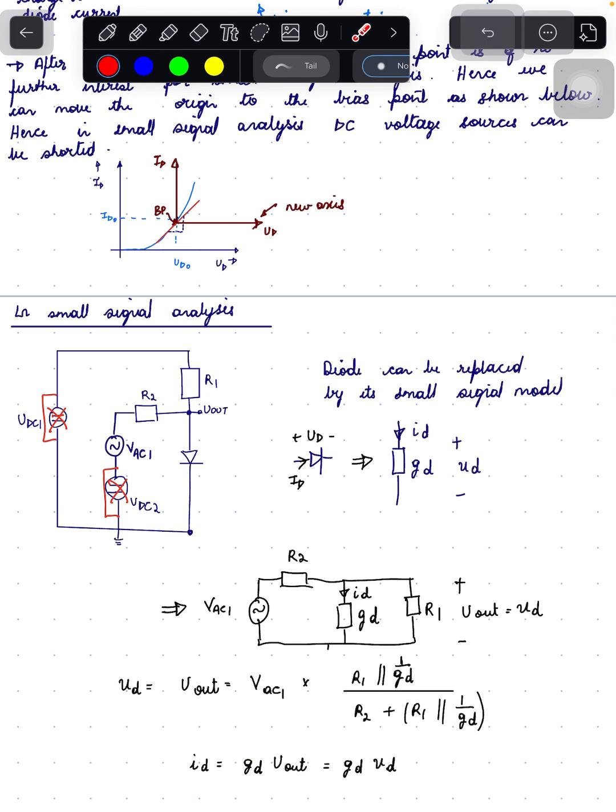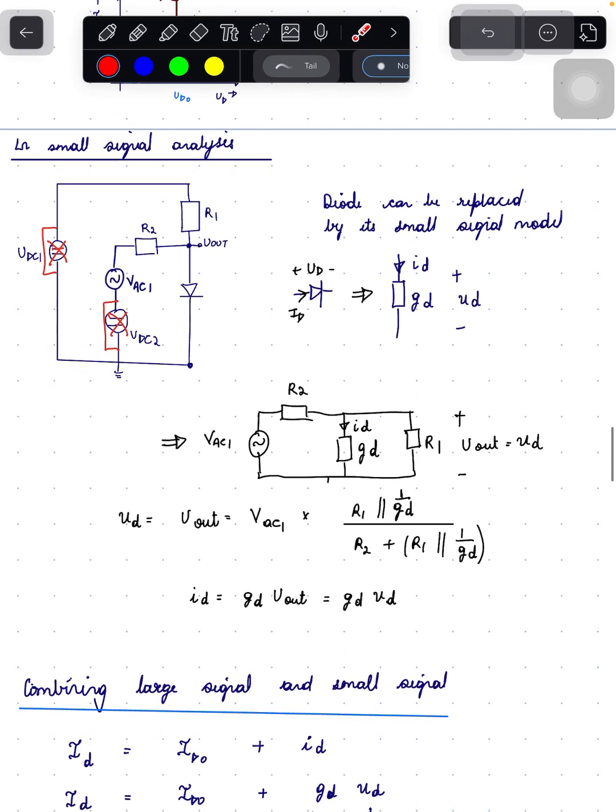Replace the diode by its small signal model, that is this one, GD, current ID, and voltage across it is UD, which is given by ID into 1 by GD. So replacing it, we get VAC, R2, GD, R1.